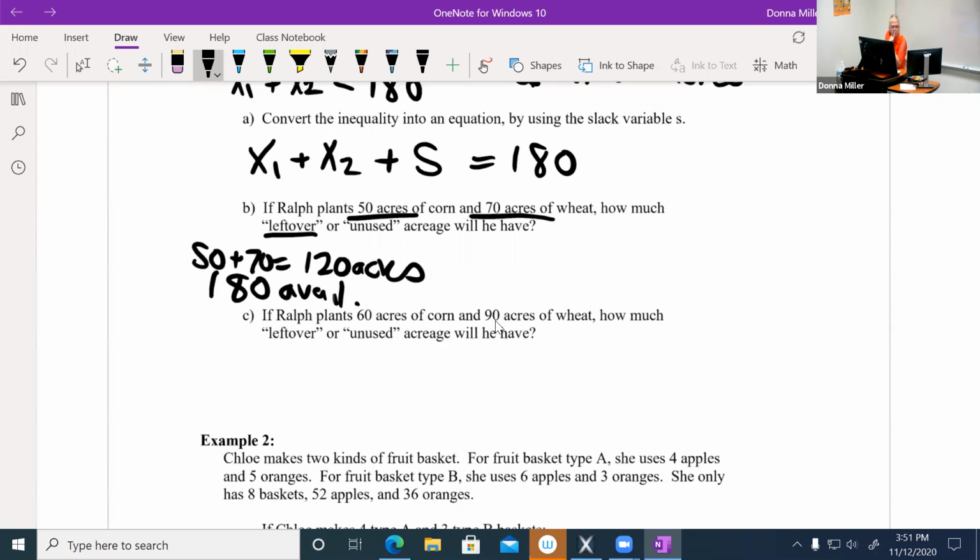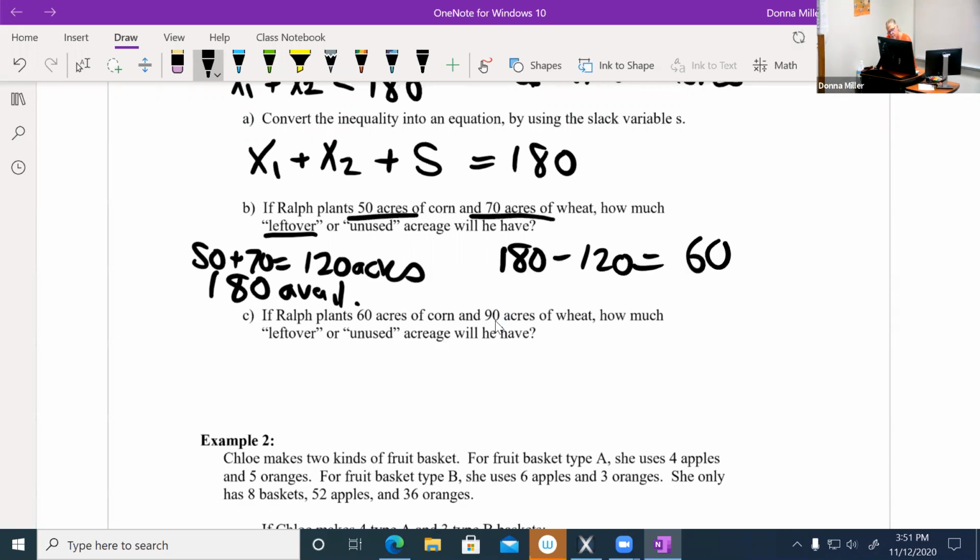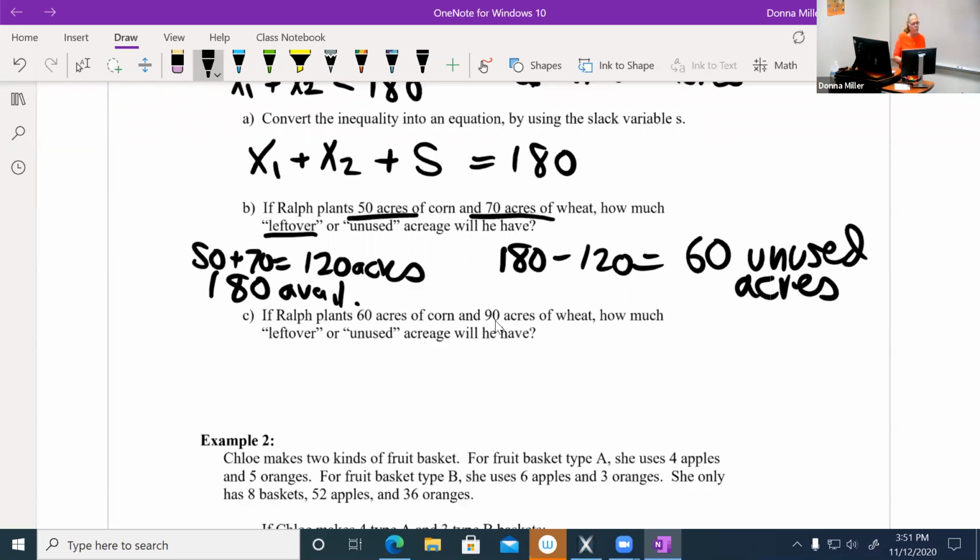I planted 120 out of 180, so what do I have left? 60, right? I have 60 acres. I just take the total minus what I planted, right? So if I do 180 minus 120, I have 60 unused acres. Okay, so that would be my slack variable. It's what I have left over.